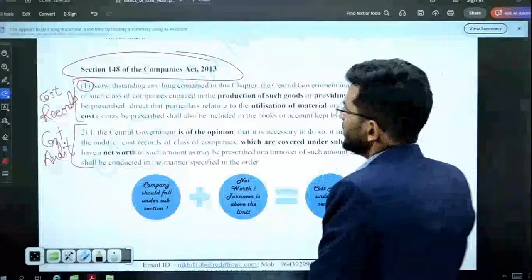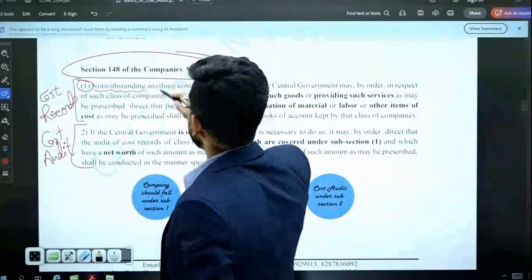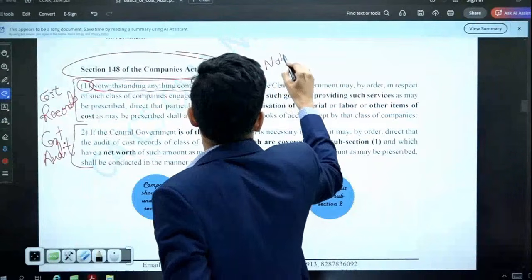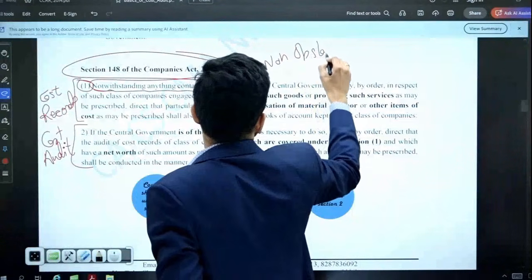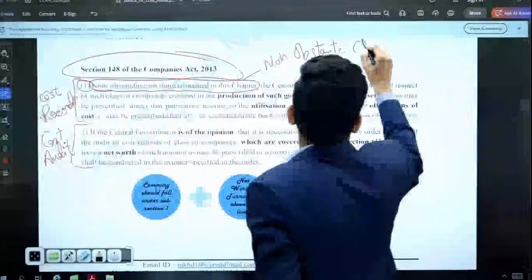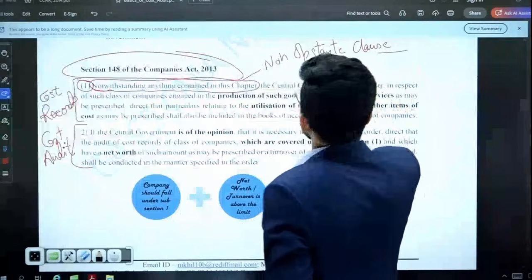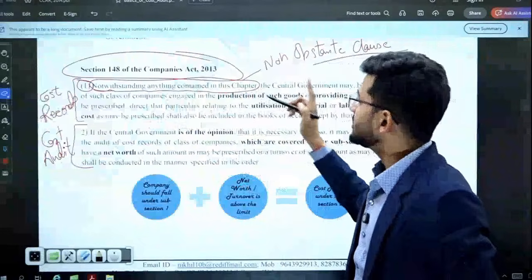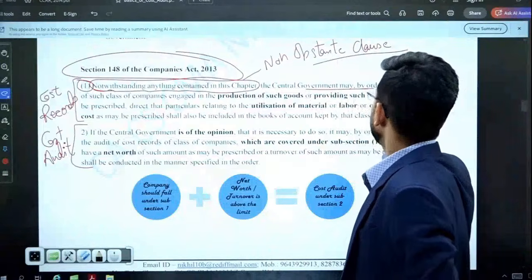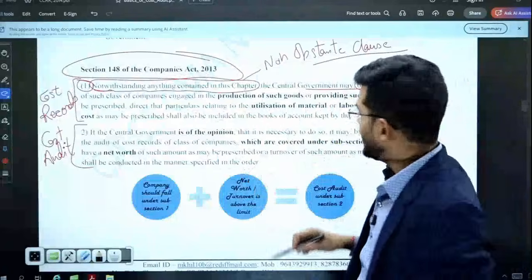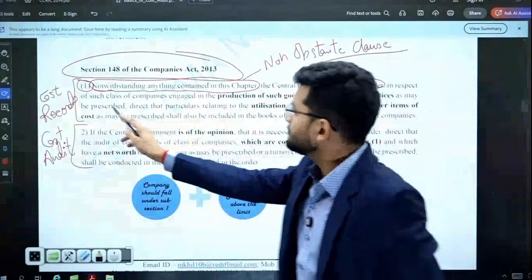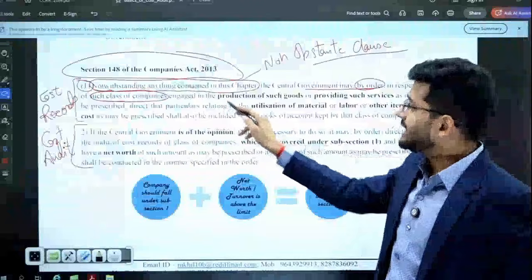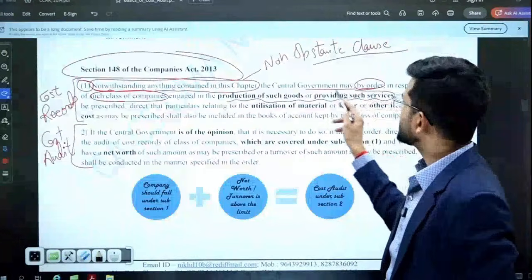So, subsection 1: "Notwithstanding anything contained in this chapter." This is known as the non-obstante clause, which means this clause overrides the entire chapter. 148 subsection 1: "Notwithstanding anything contained in this chapter, the Central Government may by an order, in respect of such class of companies" engaged in production of such goods or providing such services.